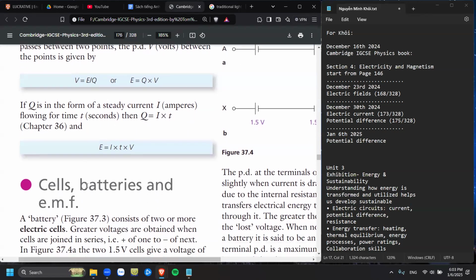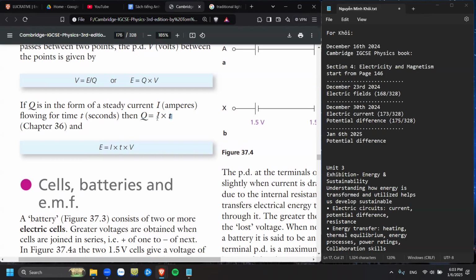Now, if Q is in the form of a steady current I amperes flowing for time t seconds, then basically Q equals I times t. You know, the flow of electrons is Q, the current is I, and how much time it passed through is t.